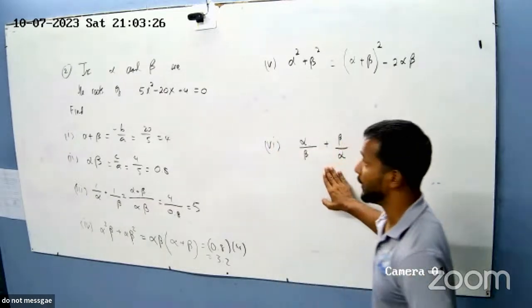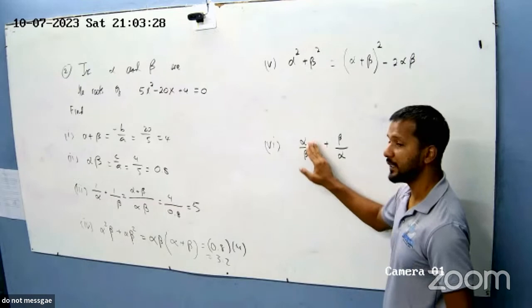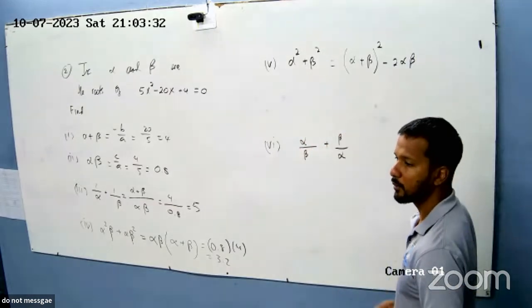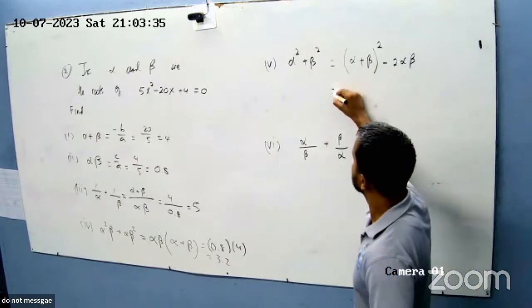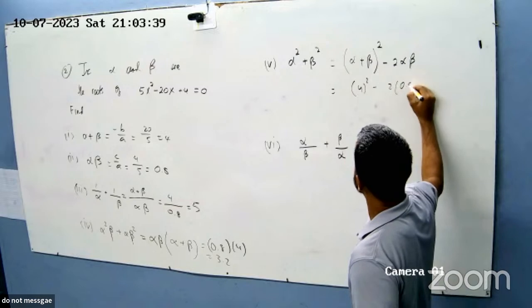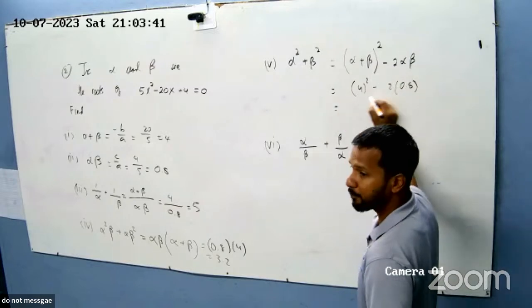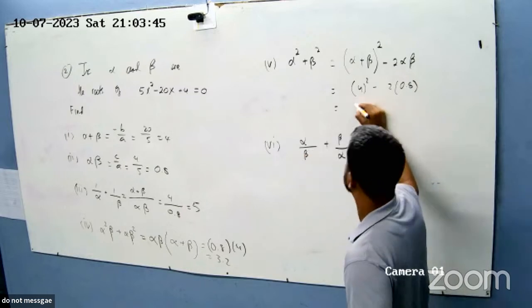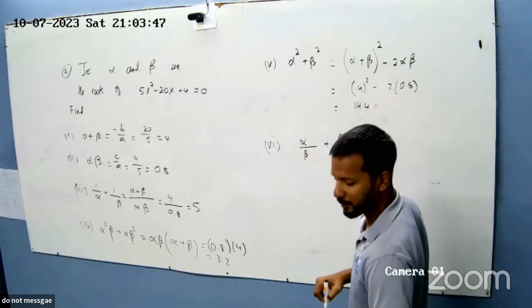You have 2 minutes here again. And the hint is when you work this out, you will need this. What's this here again? Alpha plus beta was 4. Alpha by beta is 0.8. How much did you get here? Good job.